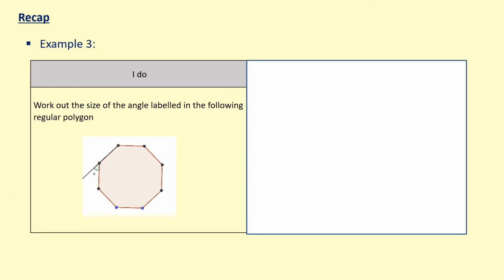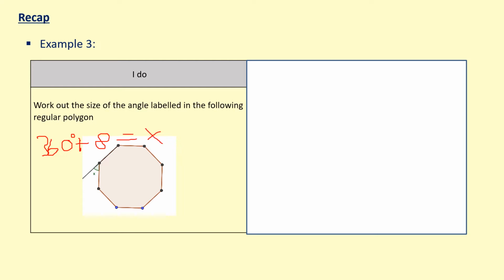Okay, so here's just the recap of that exterior skill. We have an octagon, 8 sides, so I would do 360 divided by 8, the number of sides, which we spoke about in the last slide and have practiced in prior lessons. That would give me my answer.